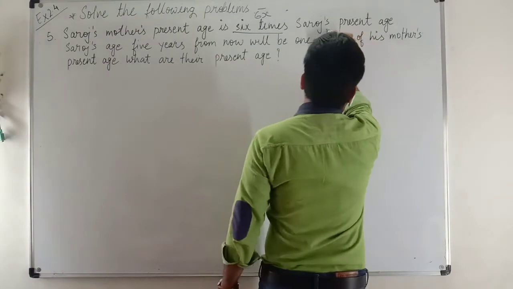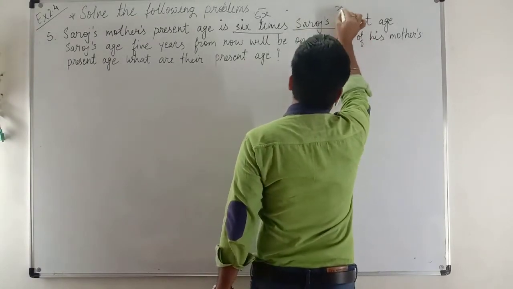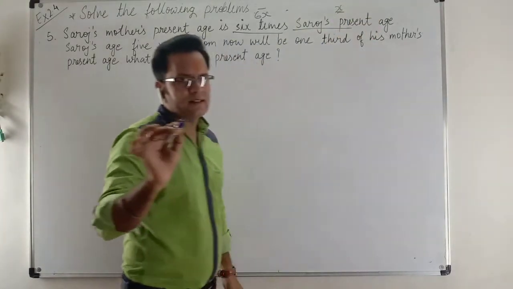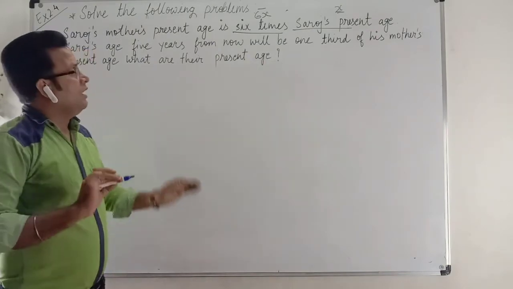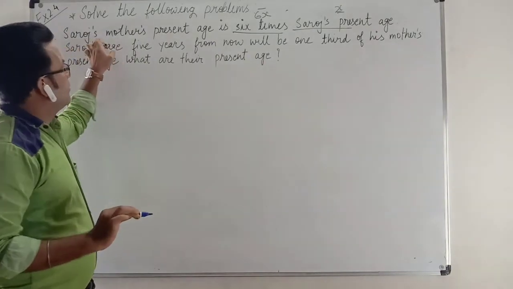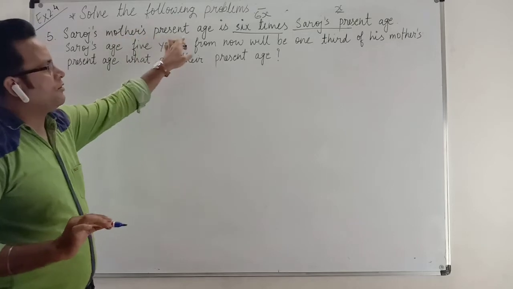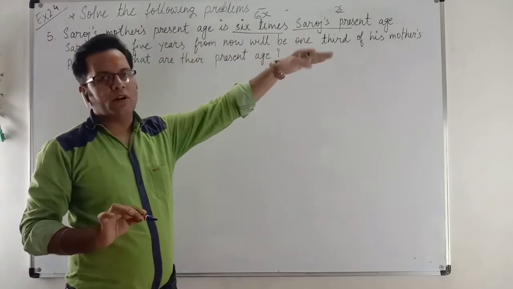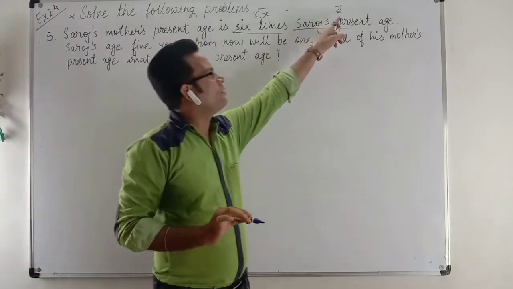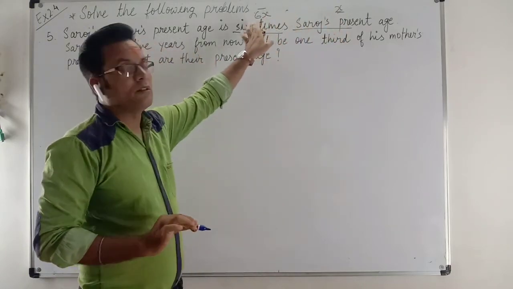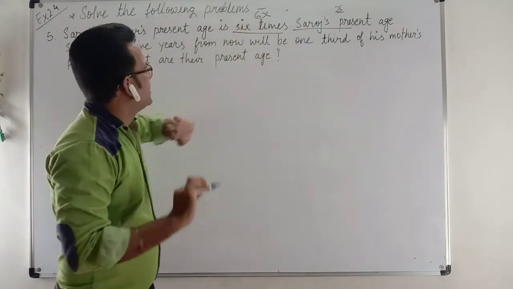Now here you see the present age of Saroj is not given, so we suppose it as x. Okay. Once again, mother's age is 6 times compared to daughter's age. So suppose daughter's age is x, so definitely mother will be 6x.